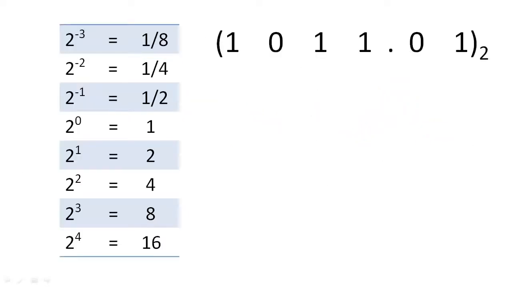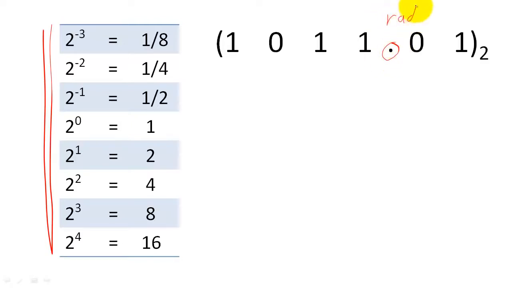When we use binary numbers, each position is assigned a weight that is a power of 2. This table here shows some common powers of 2 for reference. When we represent numbers in bases besides base 10, the decimal point is called a radix point.